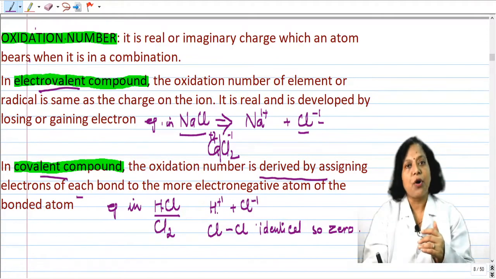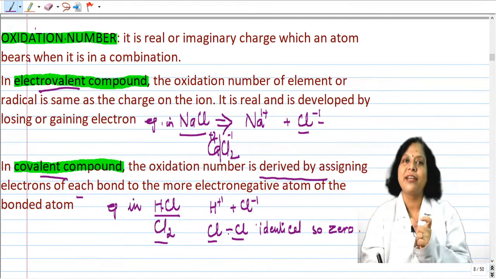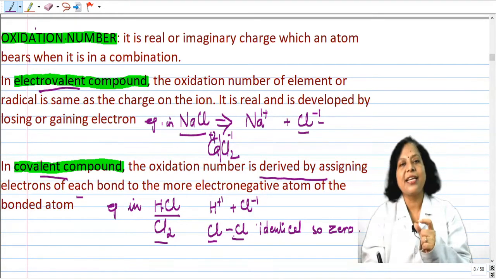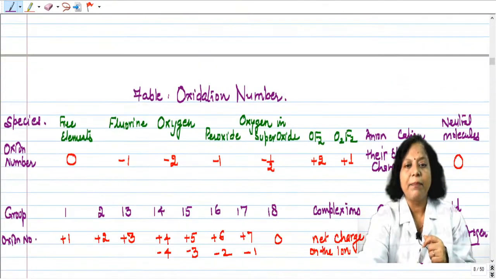So this is the oxidation number. Now, when we talk about chlorine, Cl2, both atoms are identical on both sides. Chlorine here and chlorine over here. So the shared pair remains as such because both have the same electronegativity. Hence, in this state, the oxidation number is 0. Is this clear?